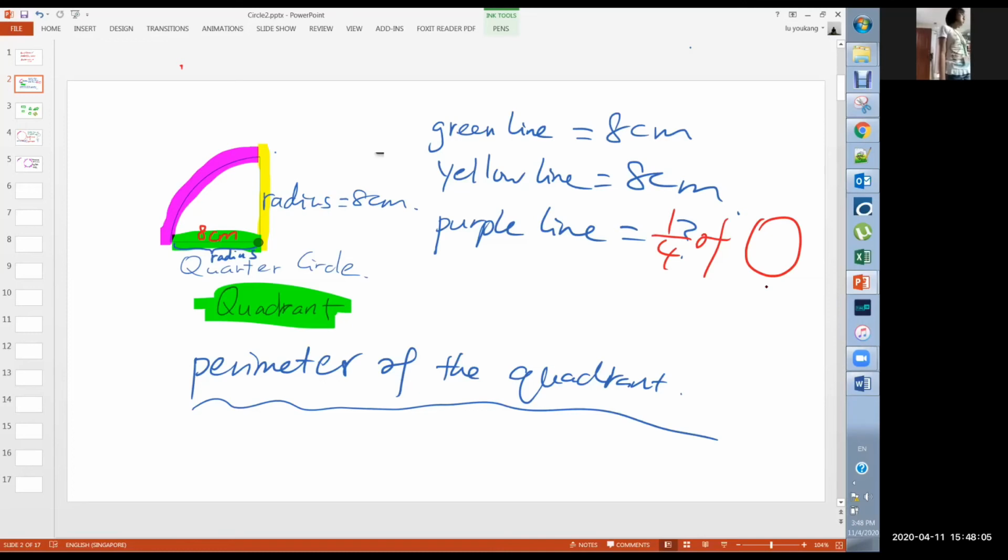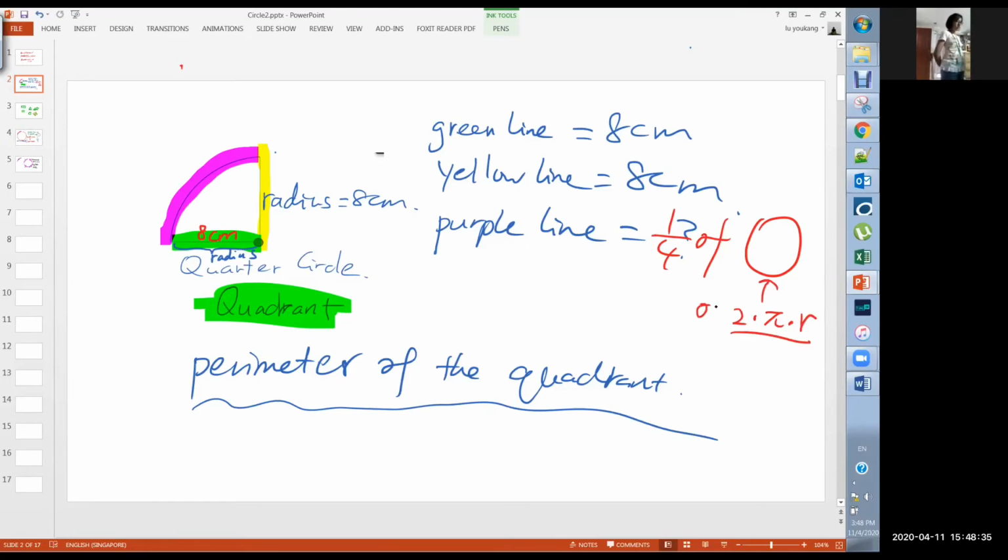2 times pi times R. Very good. So that means this will give me the perimeter of this thing.